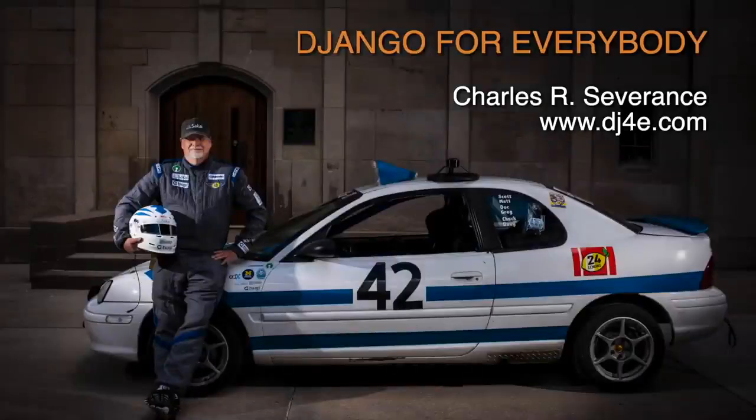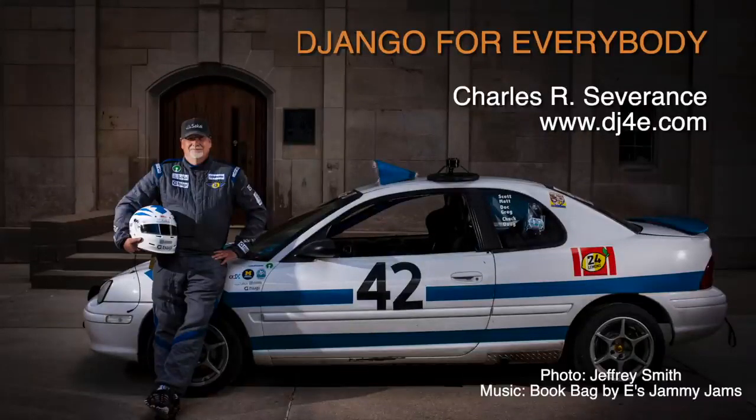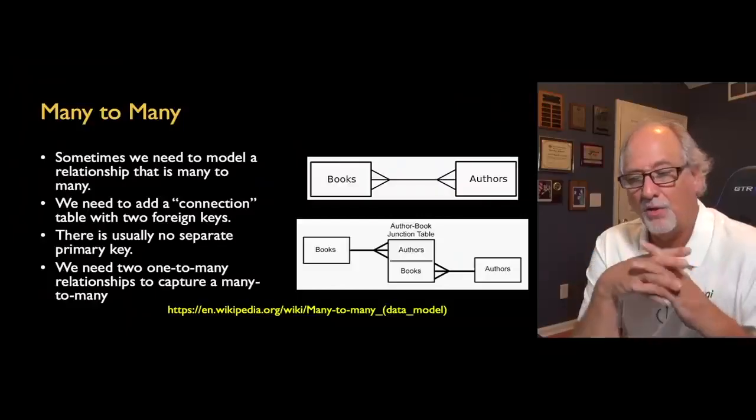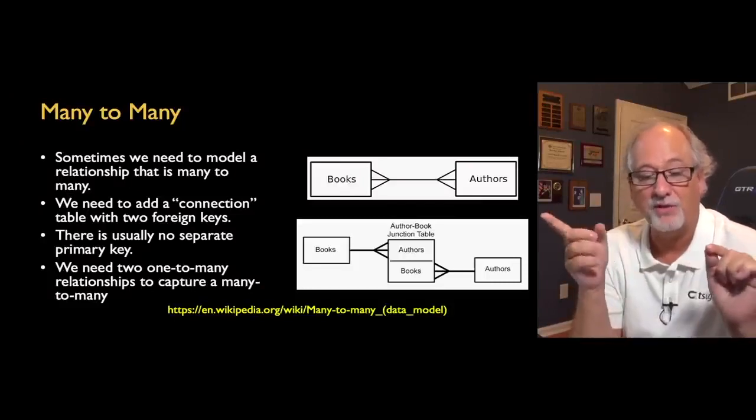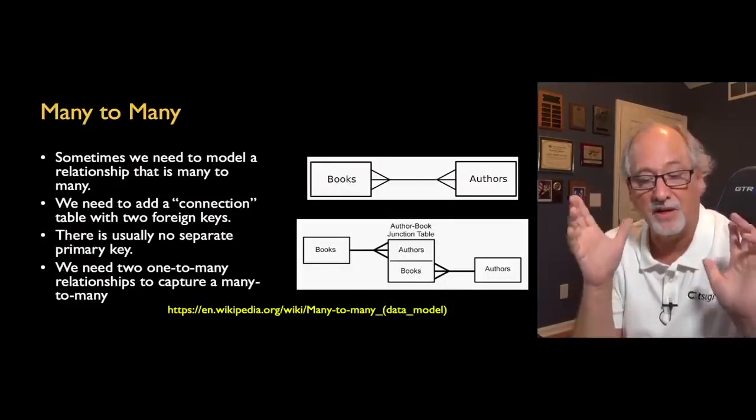And so that leads us to what's called the many-to-many. The many-to-many is a situation where you have somewhere between one and infinity on both sides.